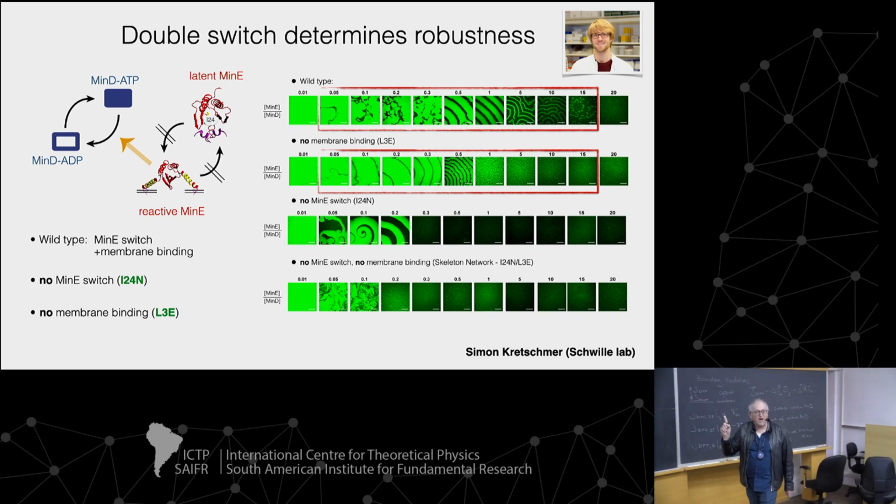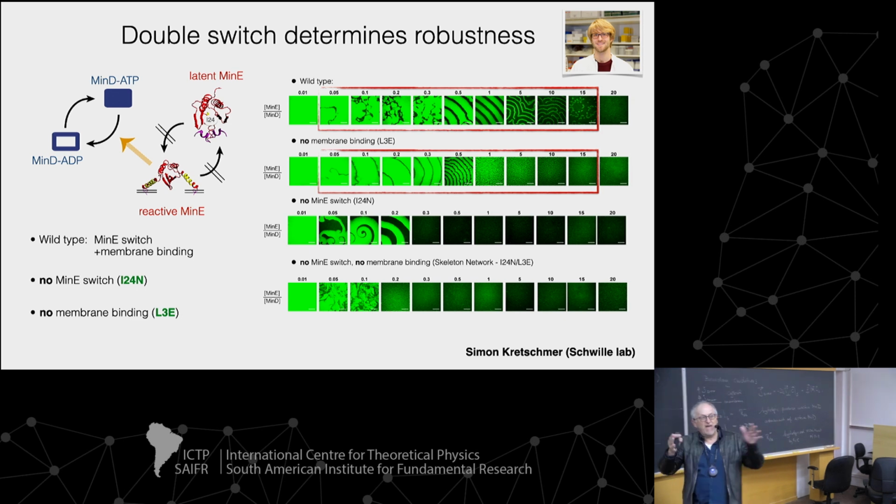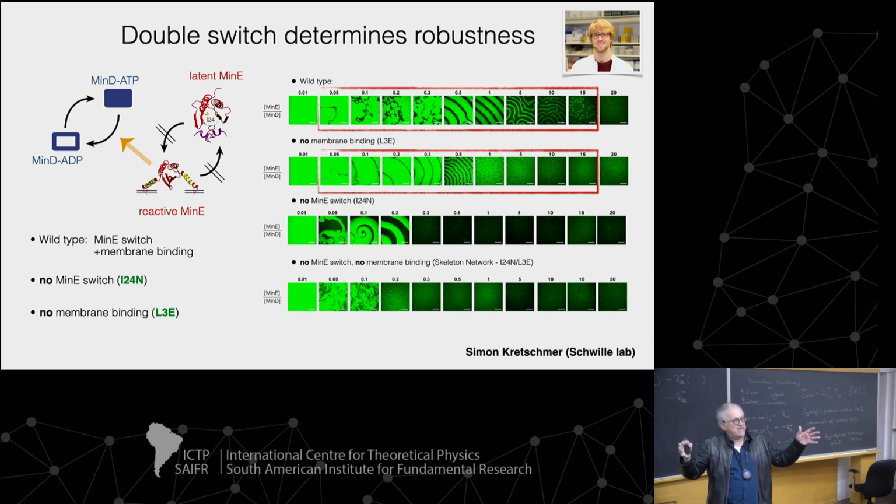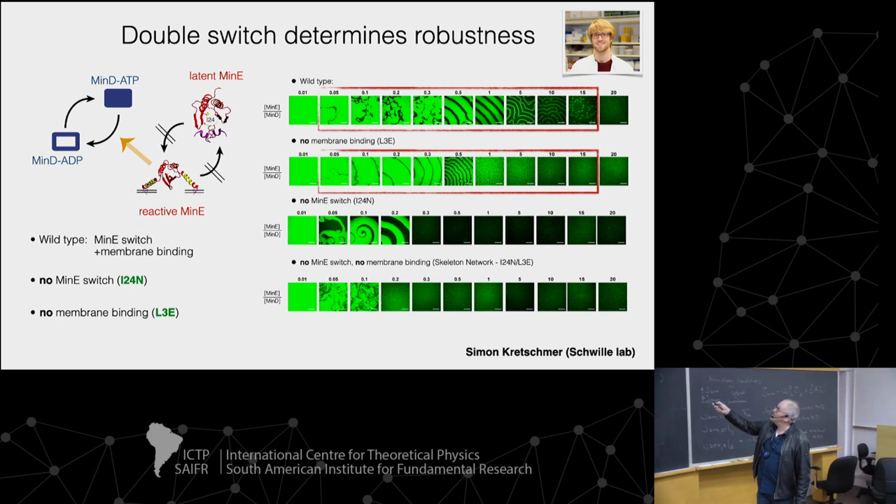You have to be careful so that the range of patterns remains the same. What changes, after all, is the length scale of the patterns. So there's an indication already there's something interesting about the binding of the MinE. It seems to be another module that's relevant for the length scale that you have.